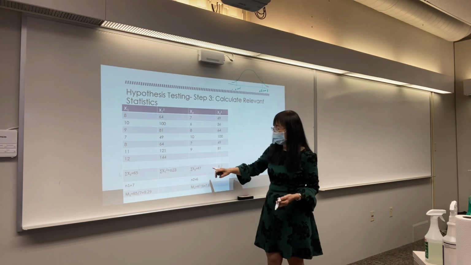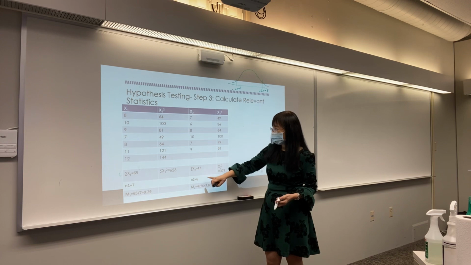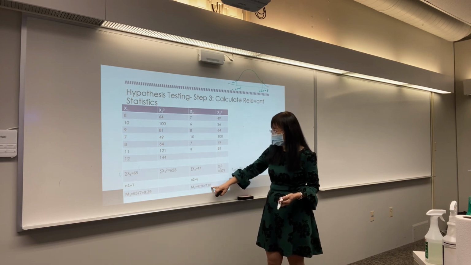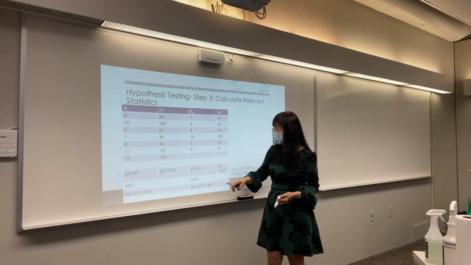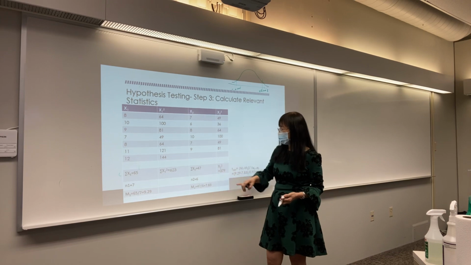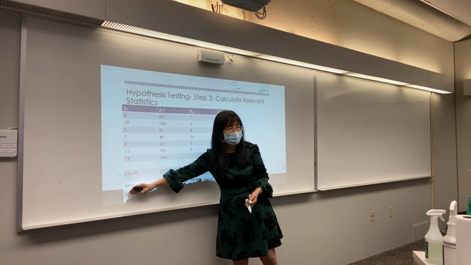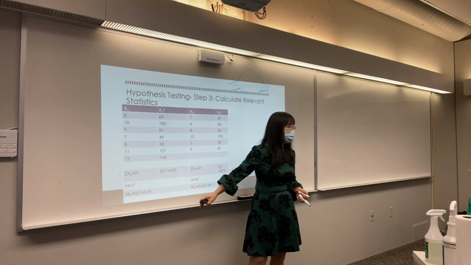You got a sum of x 47, 6 people, so when you divide, 7.83. The sum of x squared 379. Make sure before you move on, double check to see if your answer is correct.